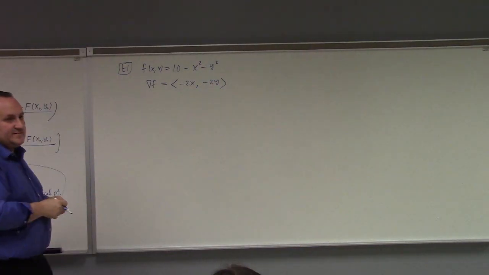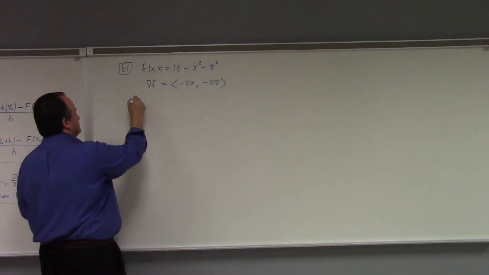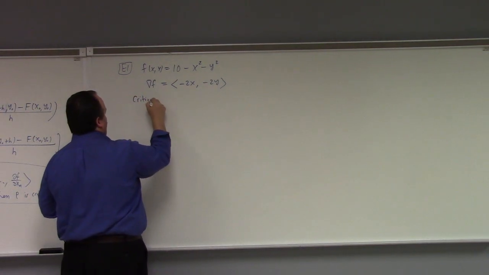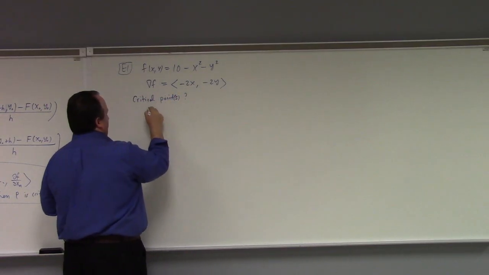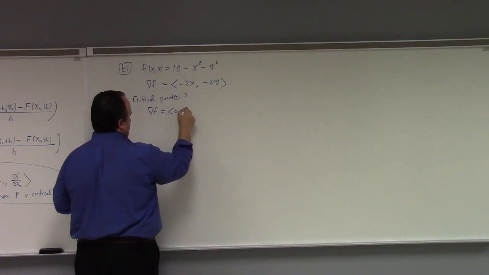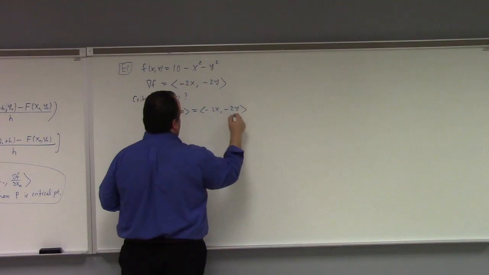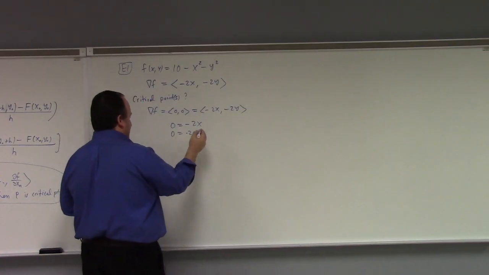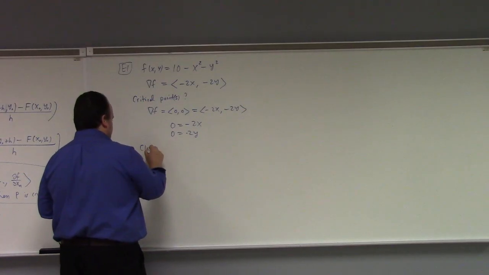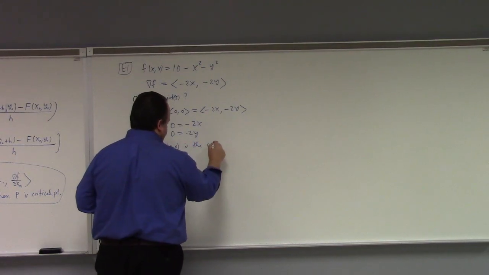Are there any critical points? Gradient of f equal to 0, 0. So we need both the x and the y components to be 0. So of course 0 is minus 2x, 0 is minus 2y. I really didn't need to write this much. So clearly 0, 0 is the critical point.